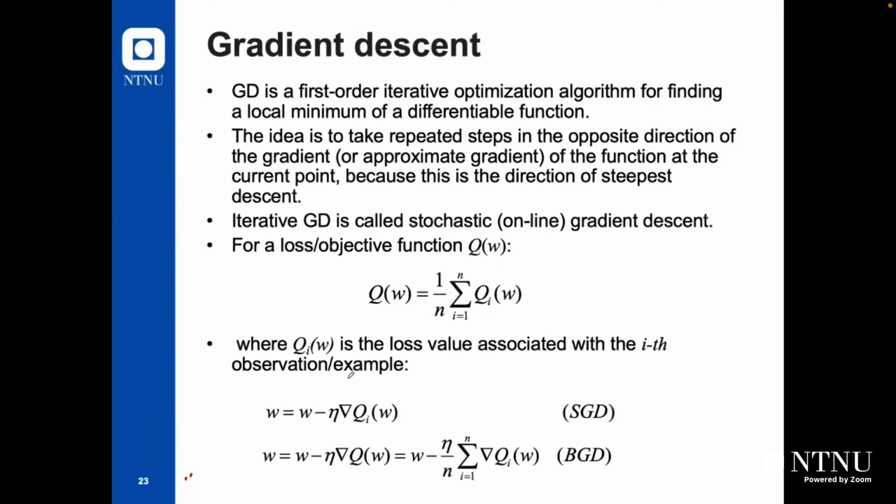We will use iterative gradient descent, which is called stochastic gradient descent, also called online gradient descent. Why? Because we update the weights for each single input or each single example. If your data set consists of 100 points, we will adjust the weights for each input.